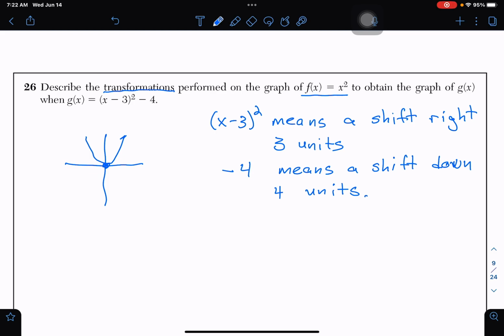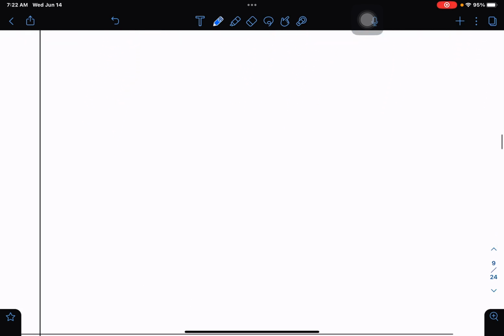But I'm just going to show you on the little graph that I did. So the new parabola would start over 1, 2, 3, and down 1, 2, 3, 4. So it'd be the same parabola, but it's just drawn here. Okay, so that's the shift. Shift right 3 and down 4 units.